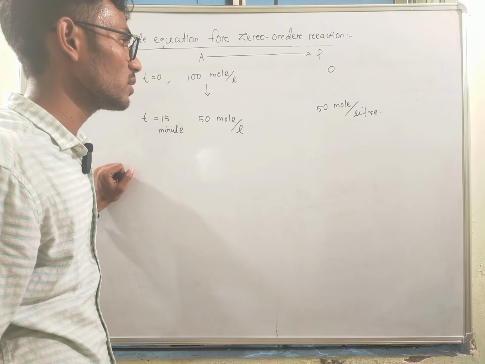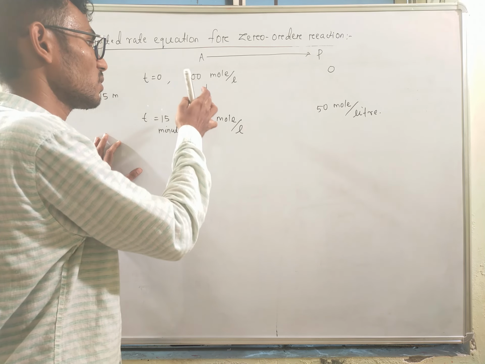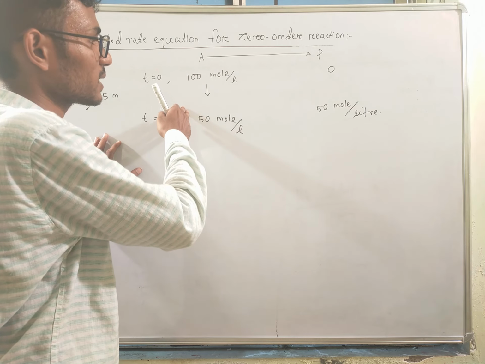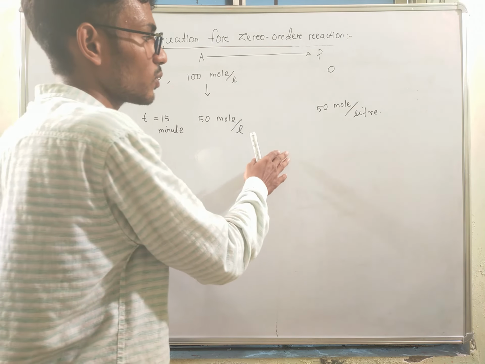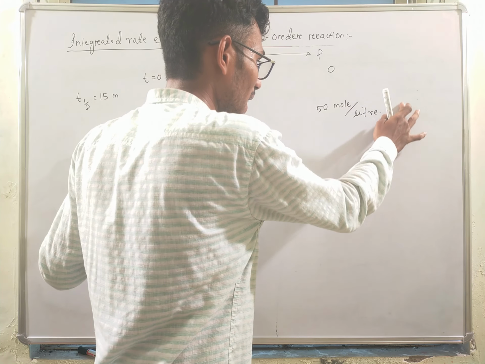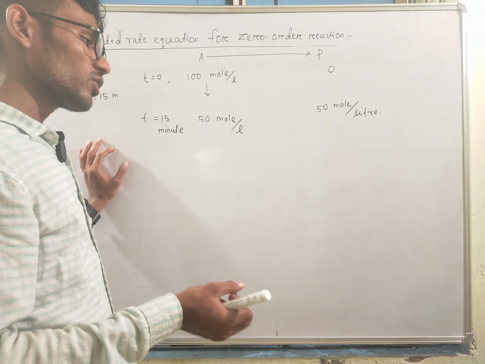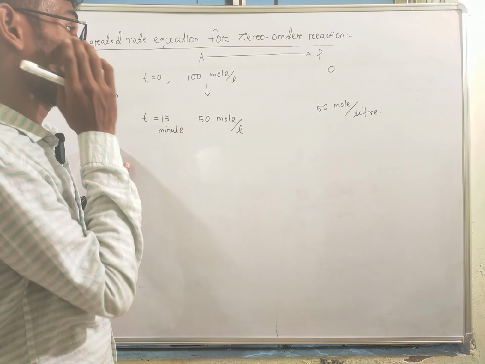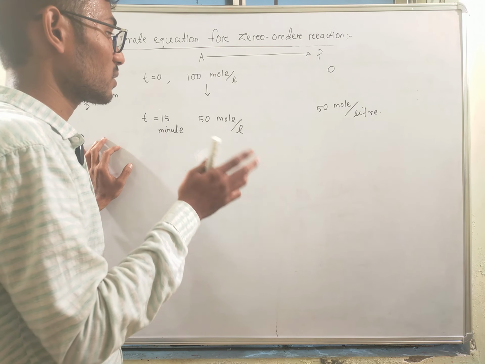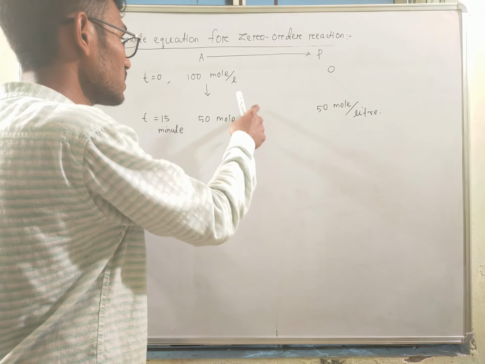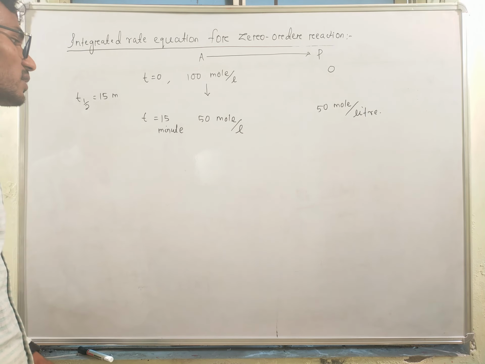is called half life period, or we can say the time required for decrease of half of the concentration of reactant is called half life period, or we can say the time required for the formation of half of the concentration of the product is called half life period, or we can also write the time required for the conversion of half of the concentration of the reactant to product is also called half life period.